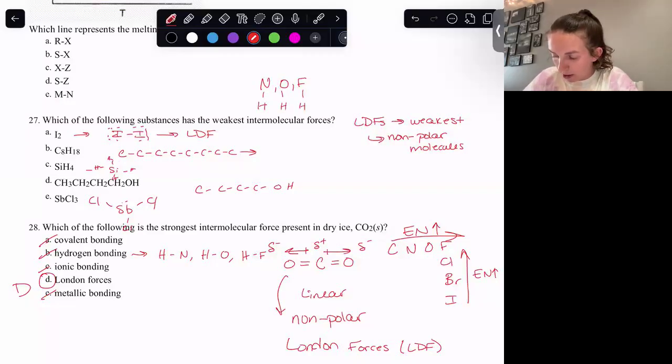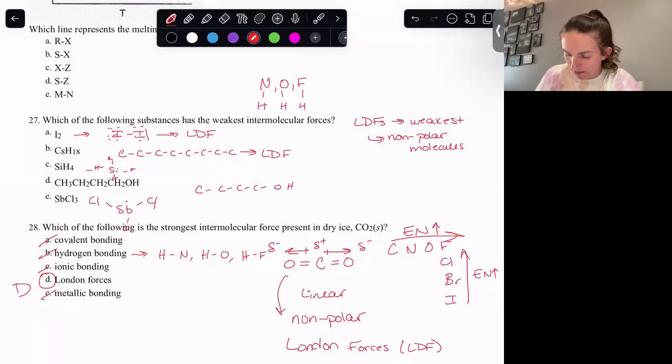Carbon and hydrogen are close enough in electronegativity that there is no difference there, so it's considered a nonpolar bond. So if all of those bonds are nonpolar, what forces are present there instead? Yep, perfect. This one's also London dispersion.